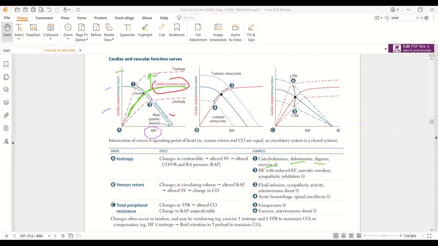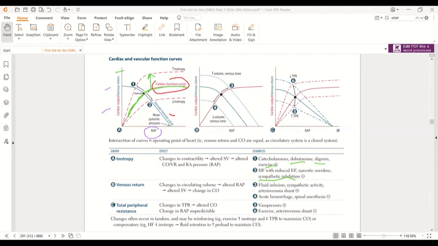Sometimes they give you the scenario of heart failure or narcotic overdose. The narcotic overdose leads to sympathetic inhibition. Sympathetic inhibition means decreased norepinephrine, so decreased contractility. Heart failure means decreased contractility.